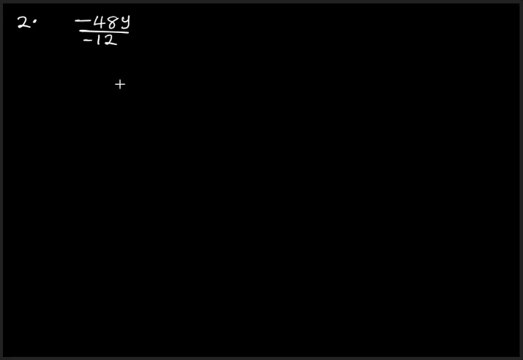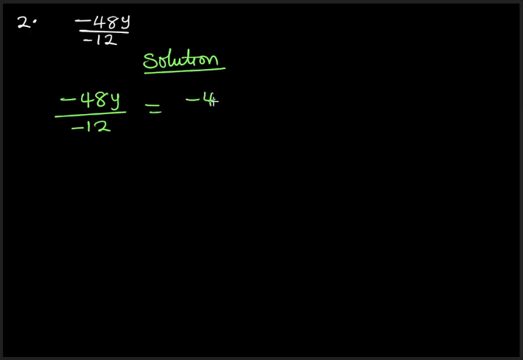We move to number 2. Minus 48y all over minus 12. And that will give us minus 48 times y all over minus 12. Now what do we have? The signs will divide.